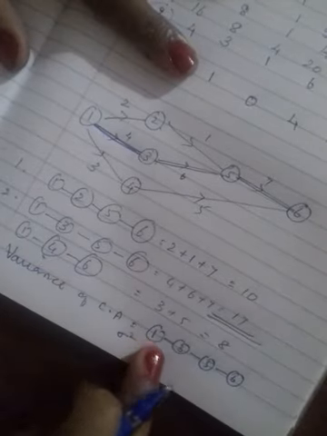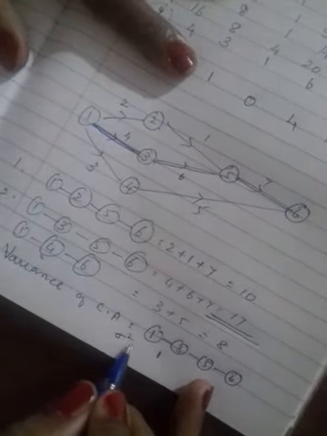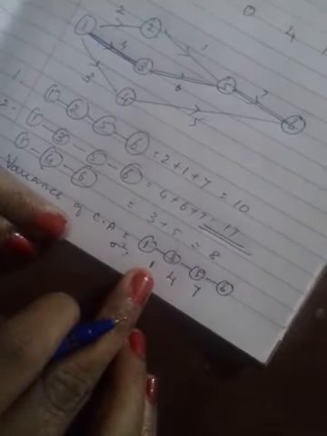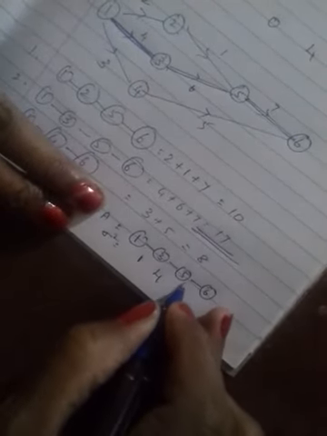The variance for 1 to 3 is sigma squared, which is 1. For these I have taken the variances we already found: for 1 to 3 it is 1, for 3 to 5 it is 4, and for 5 to 6, sorry, it is 4 again.